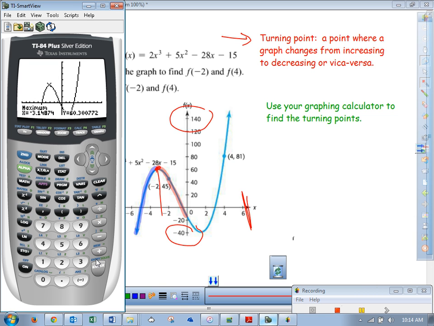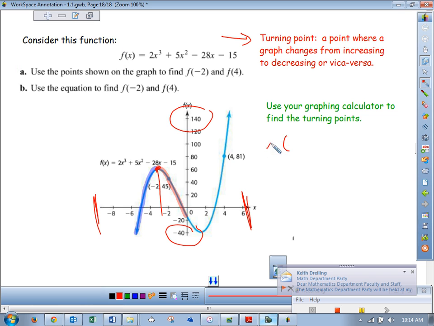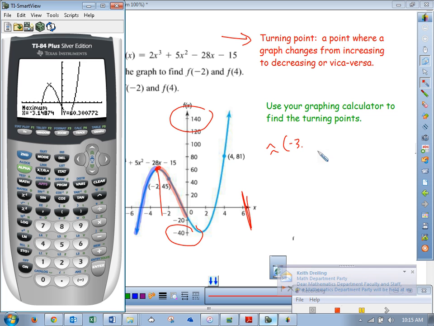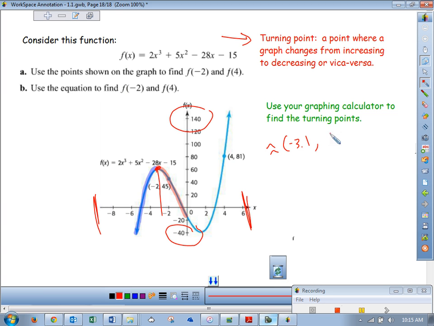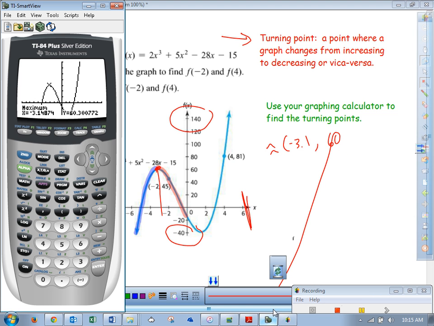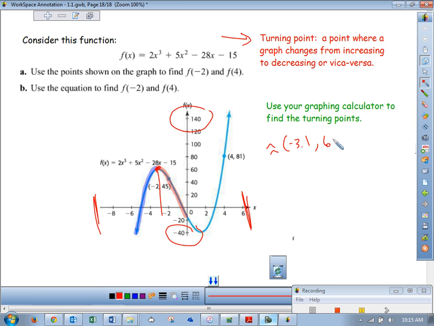Not very nice, so round it however they ask you to round on MyMathLab, but there it is. One of my turning points is at about negative 3, what was it? About 1, comma 60 point something or other, 60.3. And then you find that other one.